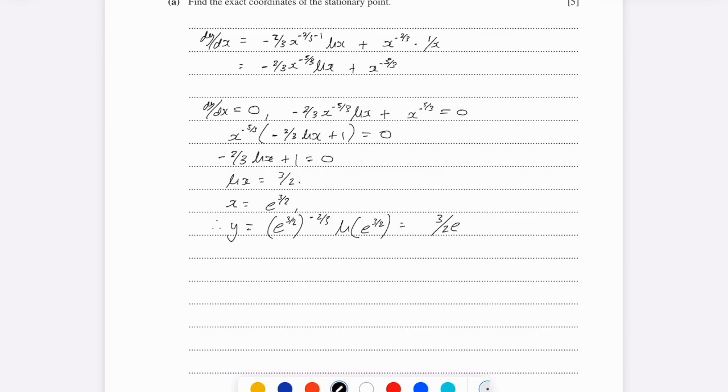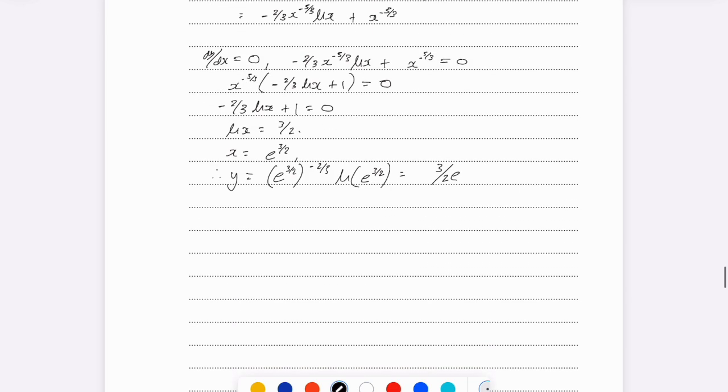So to summarize, the stationary point is going to equal e to the power 3 over 2, comma 3 over 2e. And that's going to be your final answer to that question.